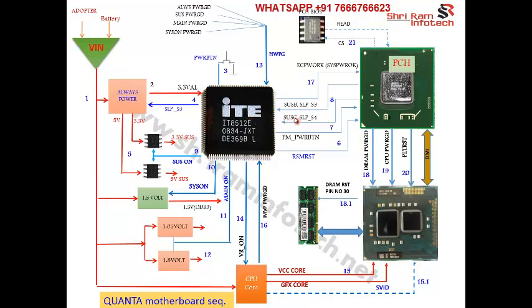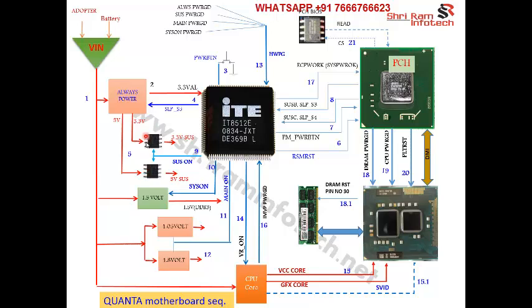Once it receives this signal, what will the SIO do? It first triggers this signal, called SUS on. SUS on means suspend on, where it triggers both MOSFETs and passes the voltage to the next side, just like a river.